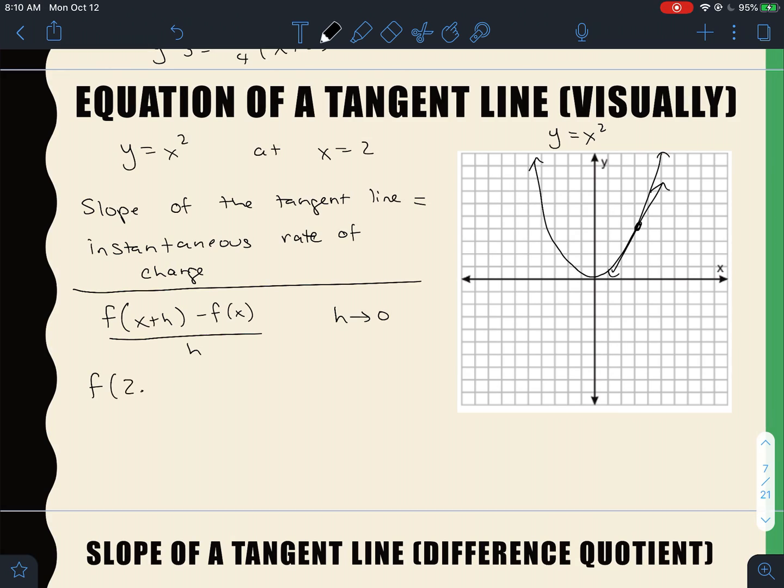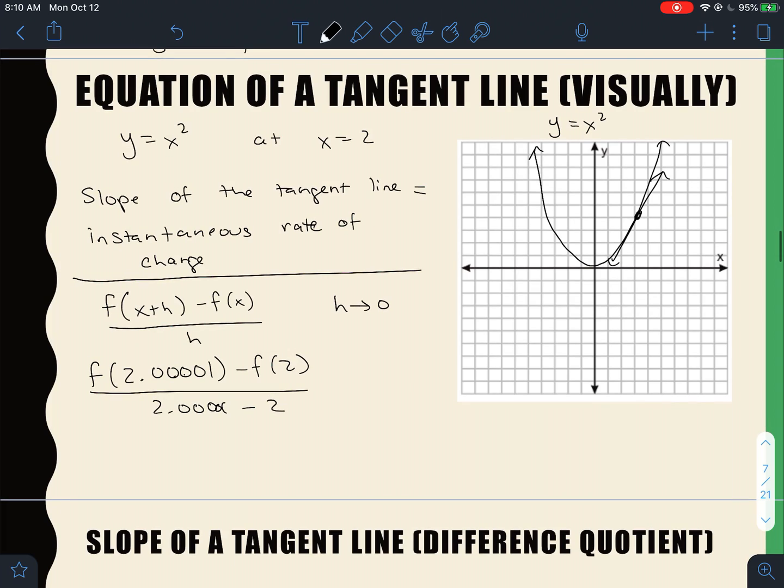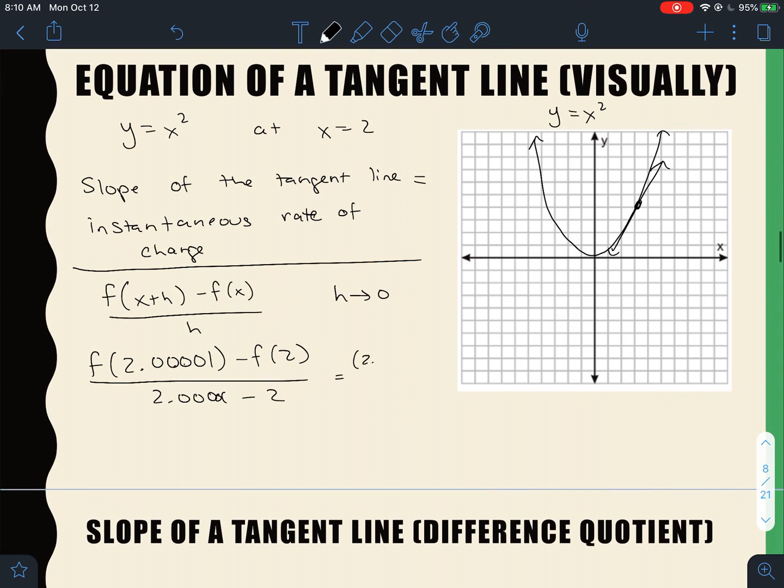So I would want to find f at 2.00001 minus f at 2, all over 2.00001 minus 2. So it'd be 2.00001 squared minus 2 squared all over 0.00001. And if I evaluate that on my calculator, I should get really close to 4, if not 4.